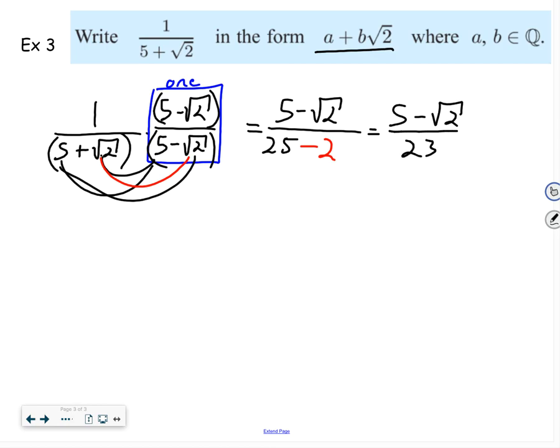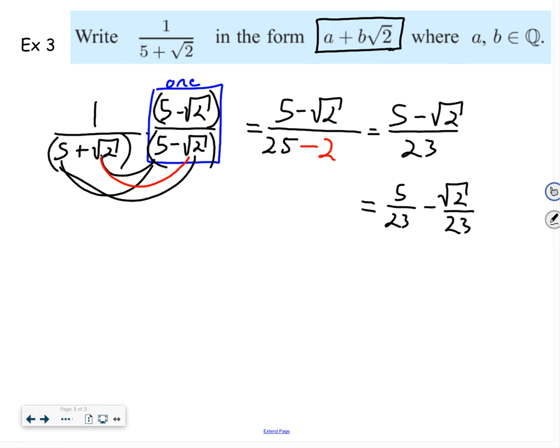Now I'm going to break up this fraction because I need to write it in this form without fractions. I can write this and break this down as 5 over 23 minus square root of 2 over 23.